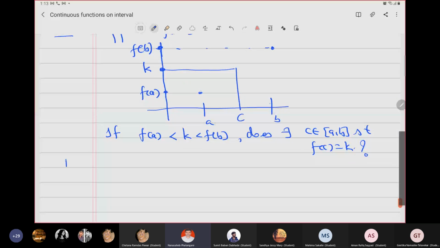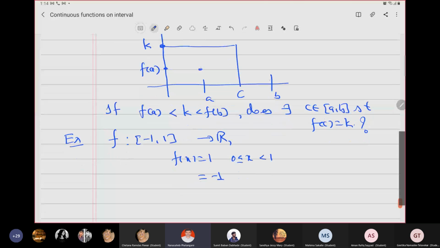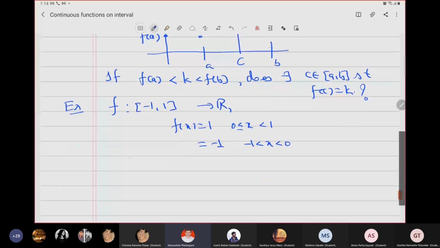So let us see an example. Suppose I take a function f defined on [-1, 1] to R. f of x is equal to 1 if x is greater than 0 and less than 1, and -1 if x is between -1 and 0. If you see the graph of this function, the domain is -1 to 1.